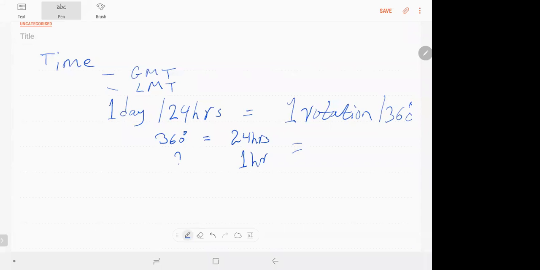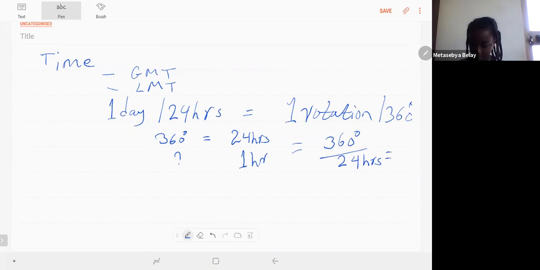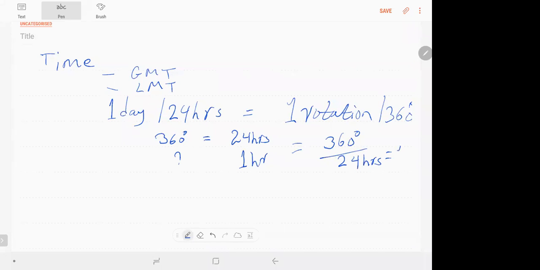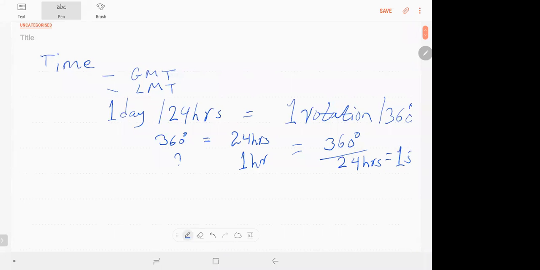We divide 360 degrees by 24 hours. Then it's going to be how much? It is 15 degrees.